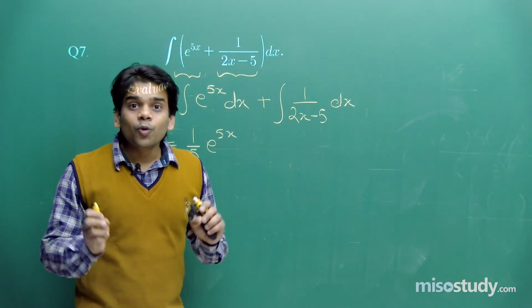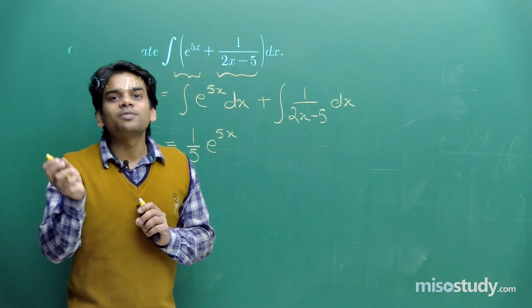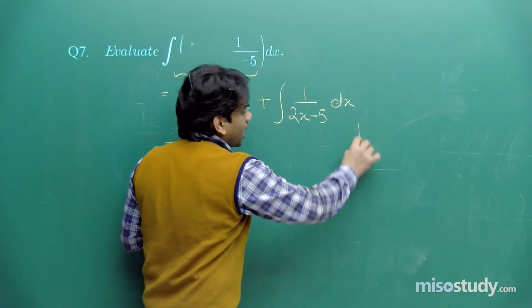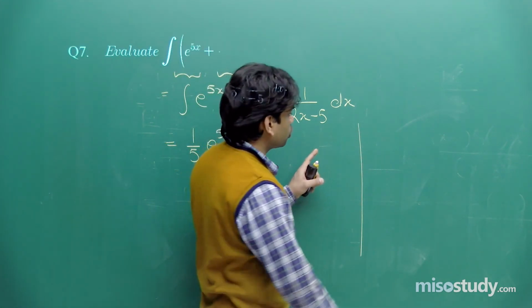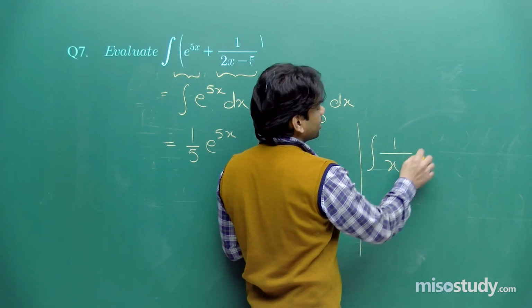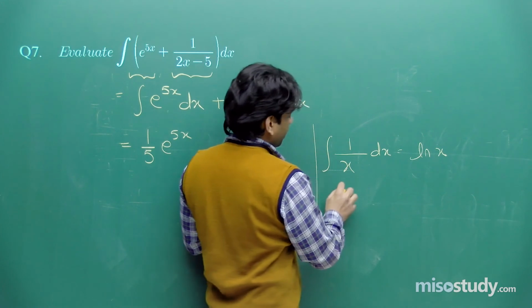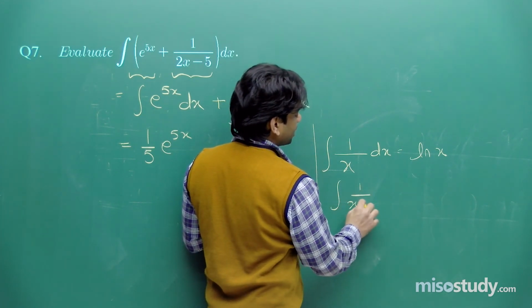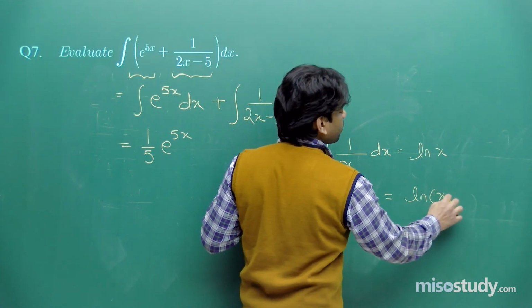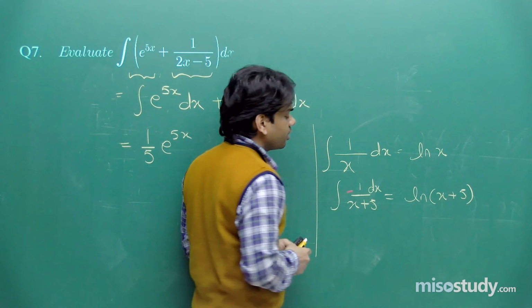Now if you do 1 upon x plus a constant, you will get ln x plus that constant. You see here, the integration of 1 upon x dx we know is ln x. And if I write 1 upon x plus 5, this will be simply ln x plus 5, not a big change. And dx also I should mention here.